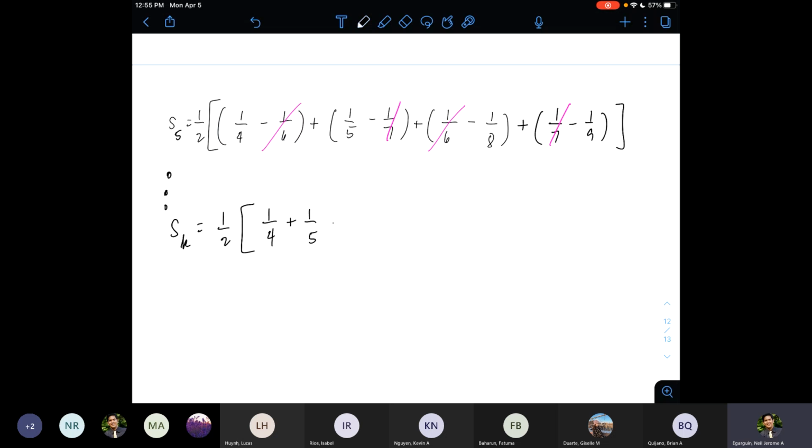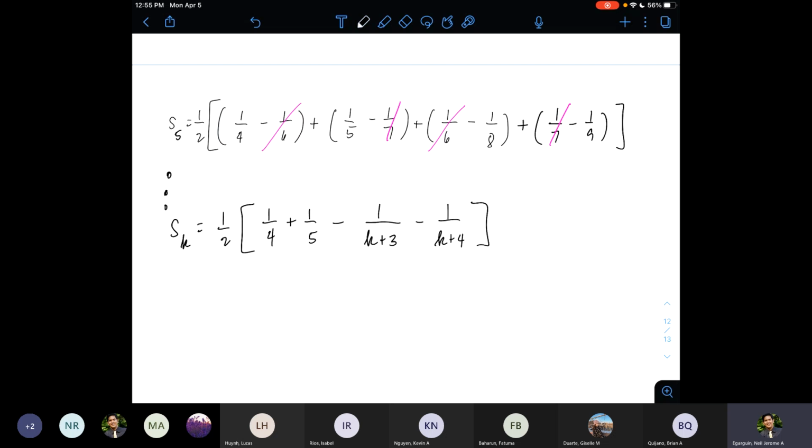So here we'll have minus. For S5, we were left with 1/8 and 1/9. So it looks like the pattern here is this would be 1/(k+3) minus 1/(k+4).